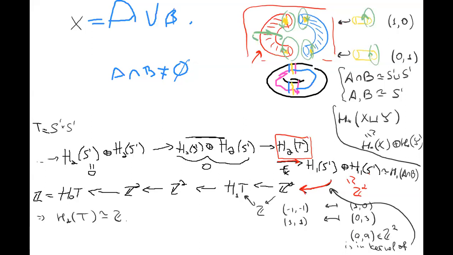Okay, is it clear? This Z is just the co-kernel of this map.